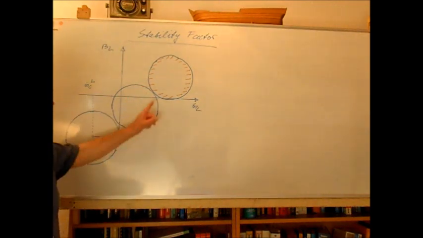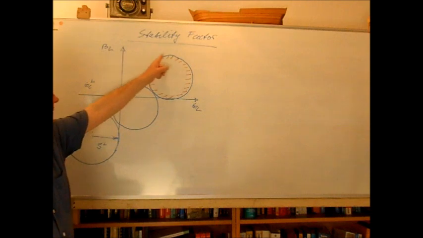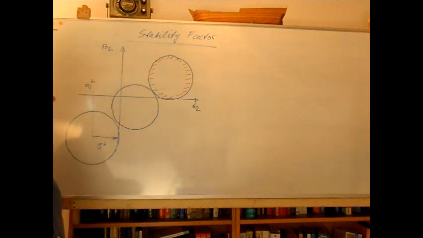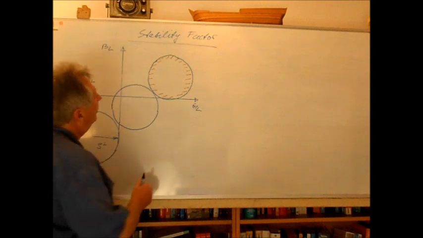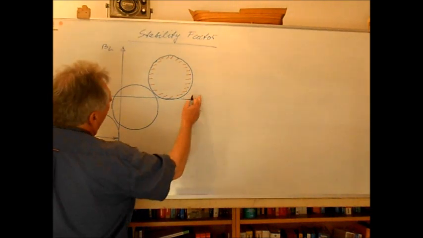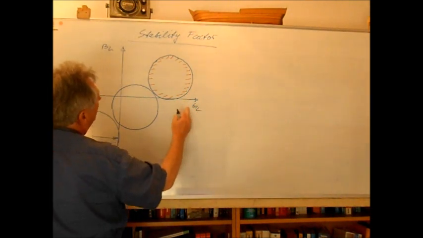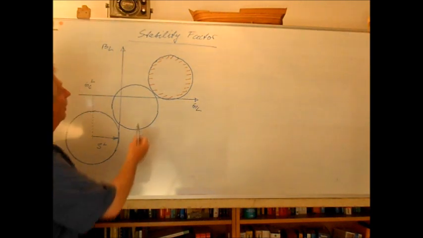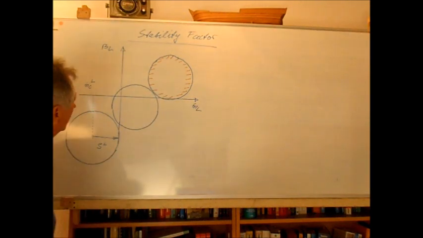For example, here the stability circle lies totally in the right half plane. This means if I have a positive load admittance, it will result in a negative input admittance.